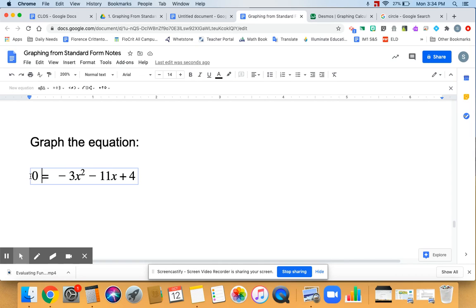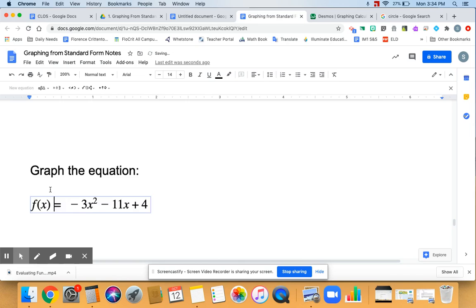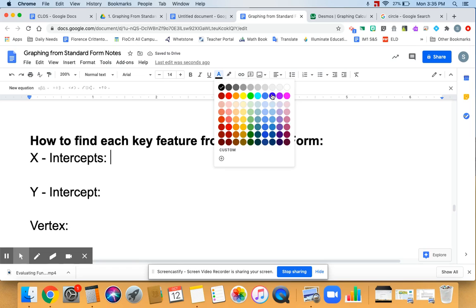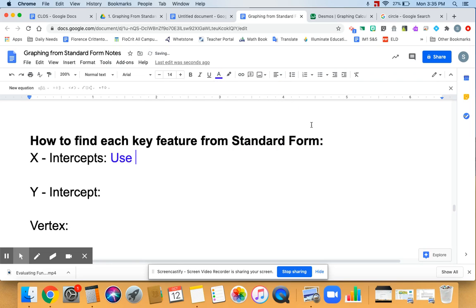Well, if you remember, as long as it equals 0 and it's in standard form, to solve for x, you use the quadratic formula. So in standard form, to find your two x-intercepts, you use the quadratic formula.